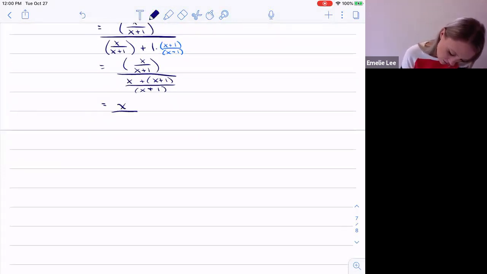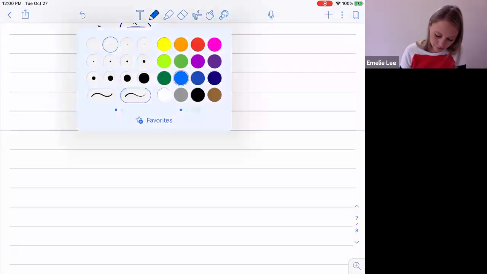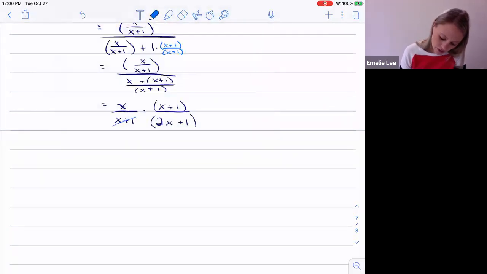So I get x over x plus 1 times x plus 1 over 2x plus 1. Making sure that I keep these two on their own. X plus 1 divided by x plus 1 just goes to 1.